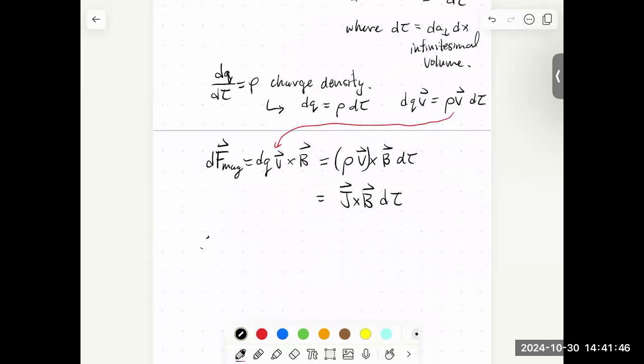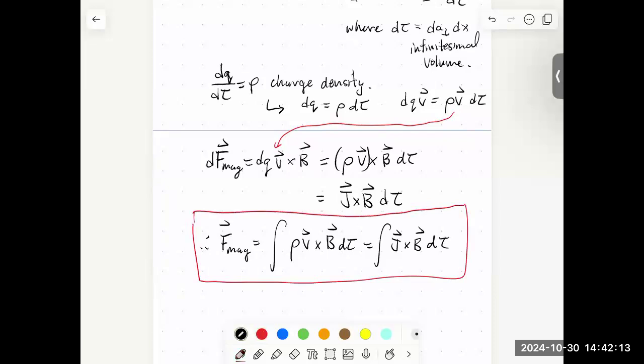And so therefore, F magnetic is again given by the same sort of structure. The only thing that changes is whether we are thinking about a one-dimensional current, a current flowing over a sheet, or a current flowing throughout some volume.